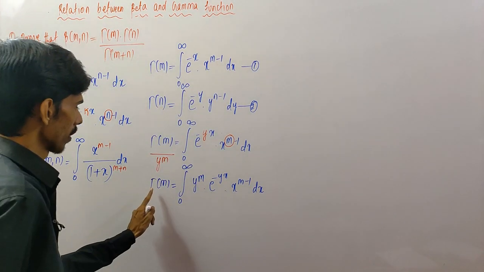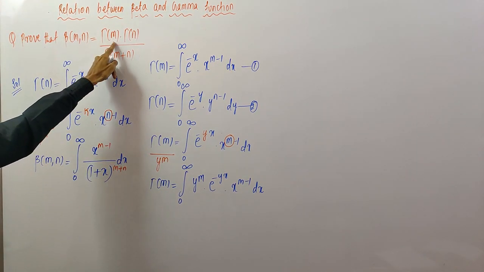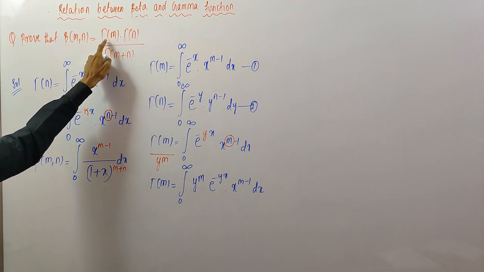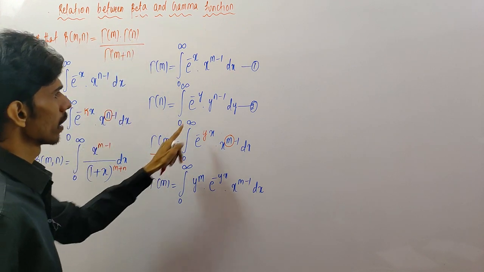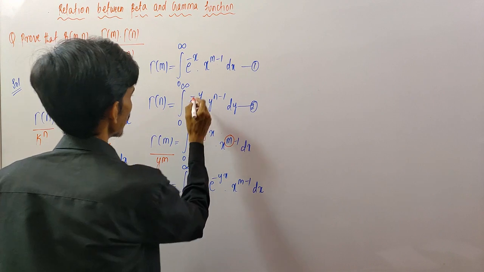Now we have gamma of m. Look at here, we have gamma of m into gamma of n. We have to multiply gamma of n to gamma of m. So in order to get this gamma of n, here we have e power of minus y into y power of n minus 1.